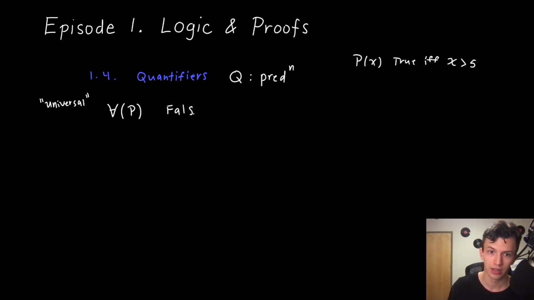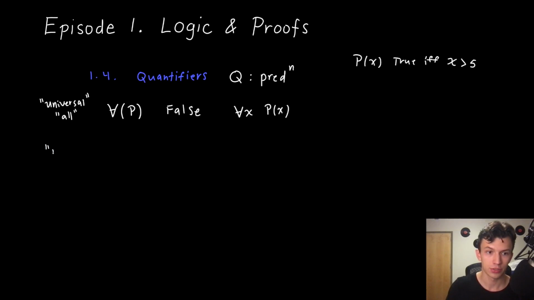And then notationally, similar to how we wrote connectives in a slightly different way, we're going to write this as for all x, P of x, because it works really well with our modern day language and intuition. And this will be called the all quantifier.